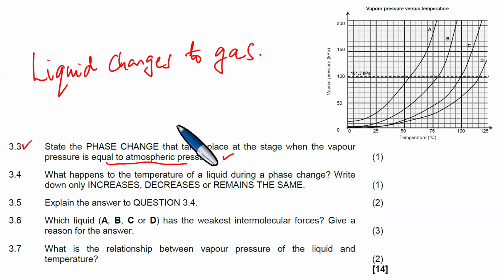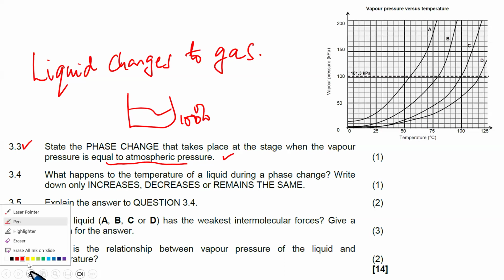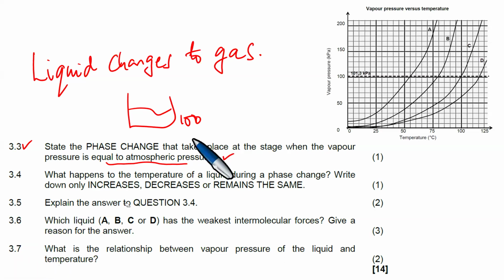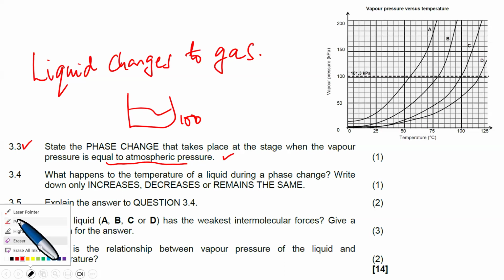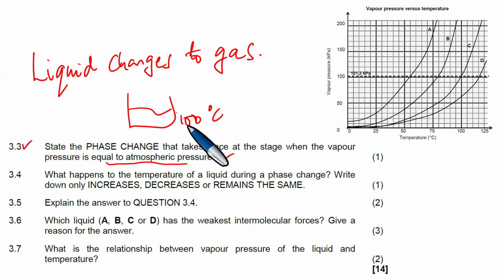Liquid changes to gas. So with water, when the temperature of water reaches 100 degrees Celsius, we know very well, the water starts going up, then begins to evaporate.